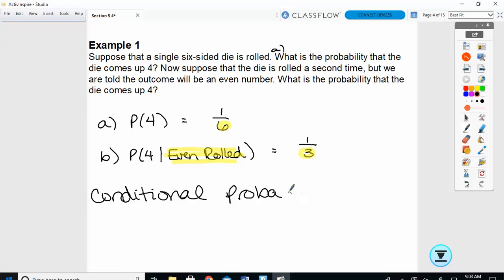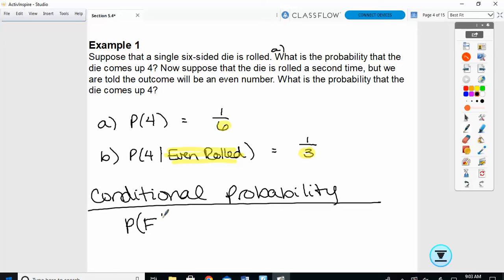So let's summarize that. On your handout, I think your notes, it says probability of F given E on the formula sheet. So that would be the denominator is the condition.